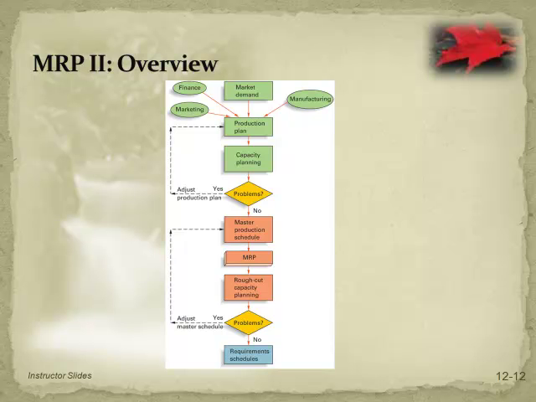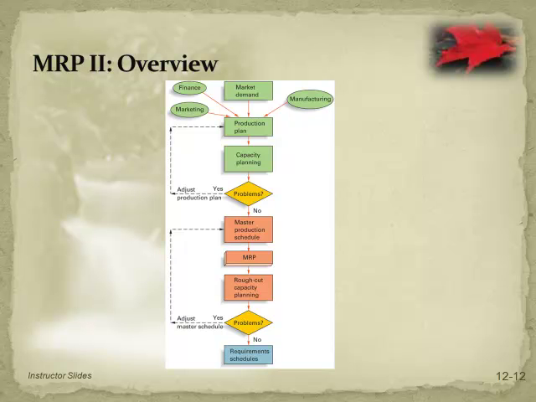So we said, let's hook the overall production plan, or the aggregate plan, which we've talked about in a previous schedule. And the aggregate plan is built on top of the business plan. So let's link up the business plan and the aggregate plan to MRP. That was one of the big enhancements.